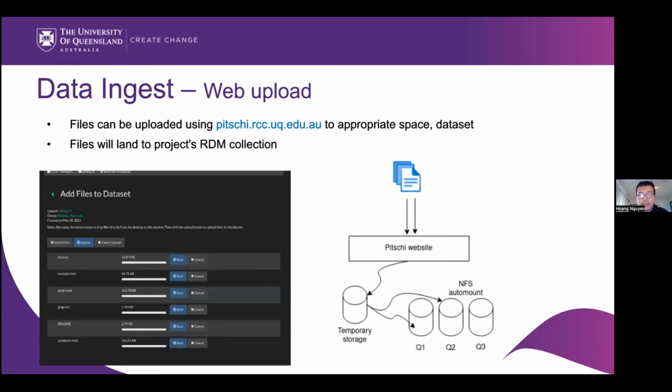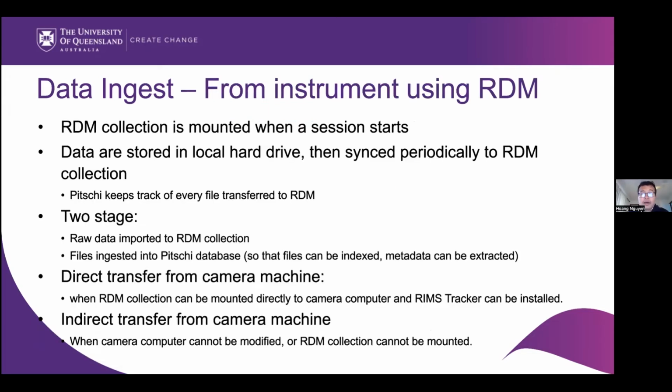This is suitable for small data sets, and it creates an extra step for the users. That's why we provide a second way to ingest the data, which is to capture the data into the RDM directly from the instrument computer.